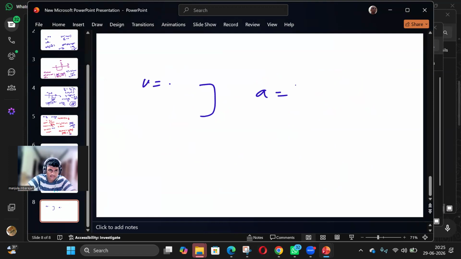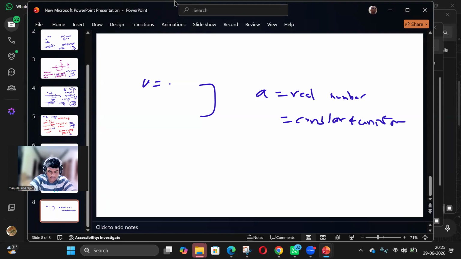Acceleration is what? Can it be a function of t, like t square? Acceleration is a number. It cannot be some variable. Okay, that is constant and uniform.